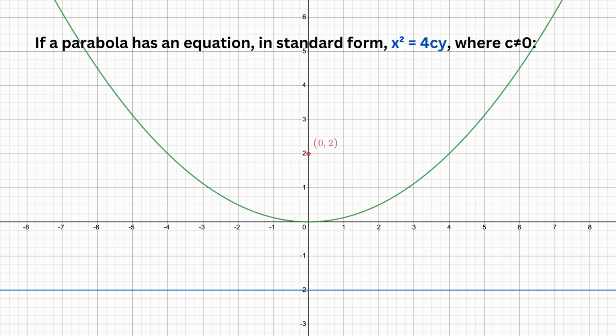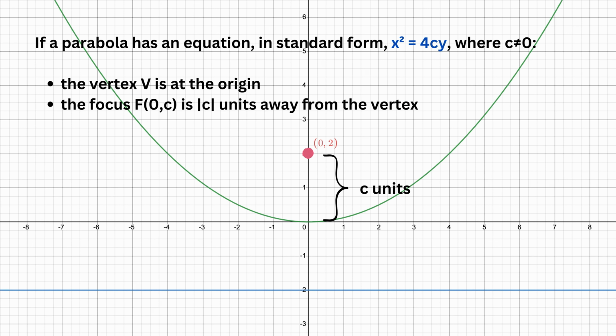So if the parabola has an equation, in standard form, x² equals 4cy, where c is not equal to 0, then the vertex is at the origin. The focus F, with coordinates (0, c), is c units away from the vertex.